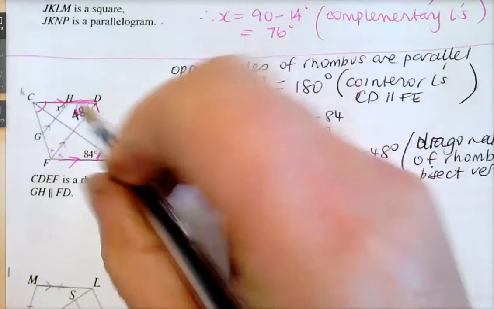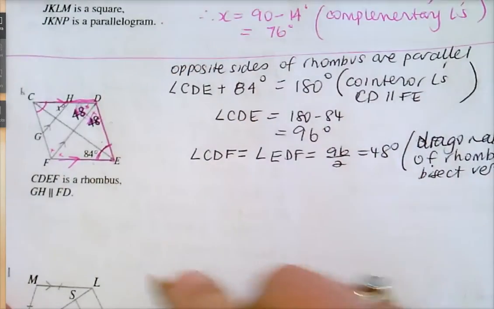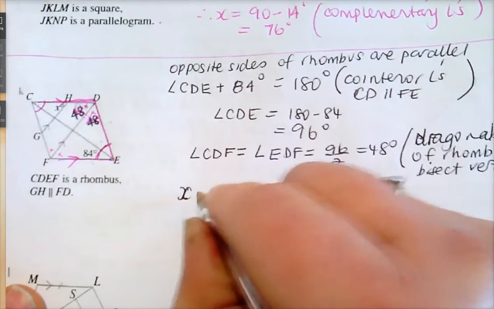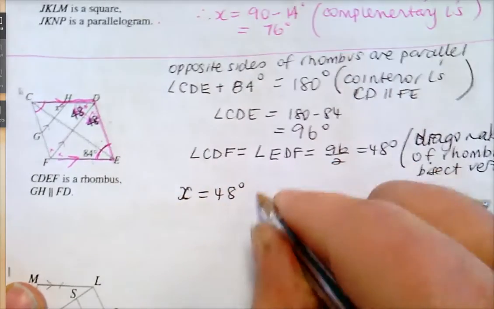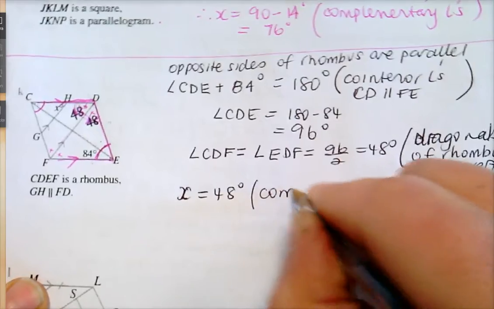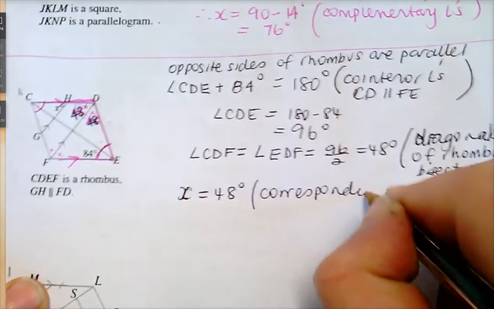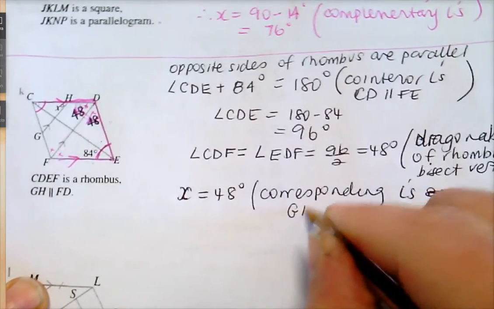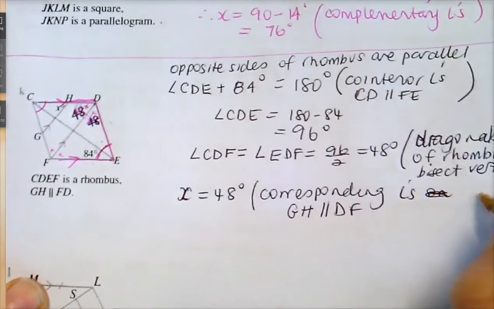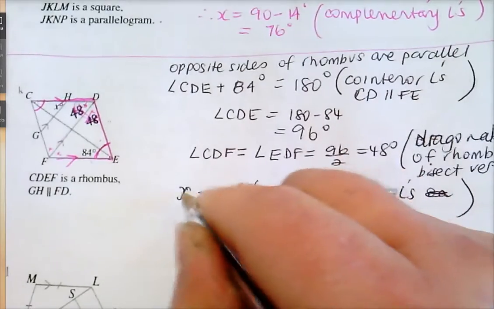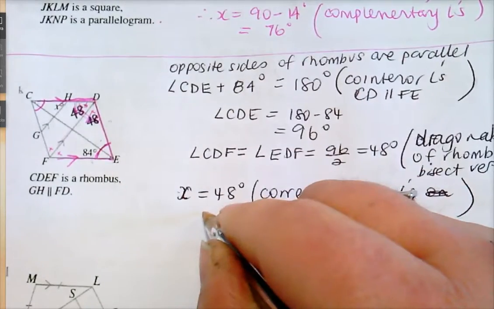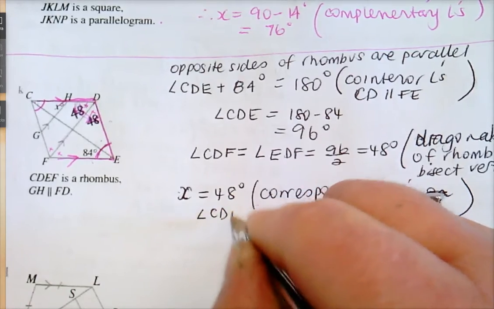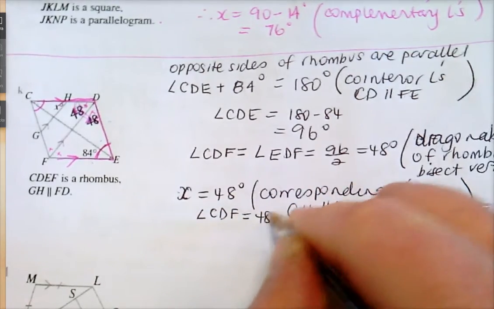And now that we know that that angle there is 48, this one also is, because they're corresponding angles on parallel lines. So X is equal to 48 degrees. Reason, corresponding angles. And I've got GH is parallel to DF. So you might want to go X equals angle CDF, which equals 48.